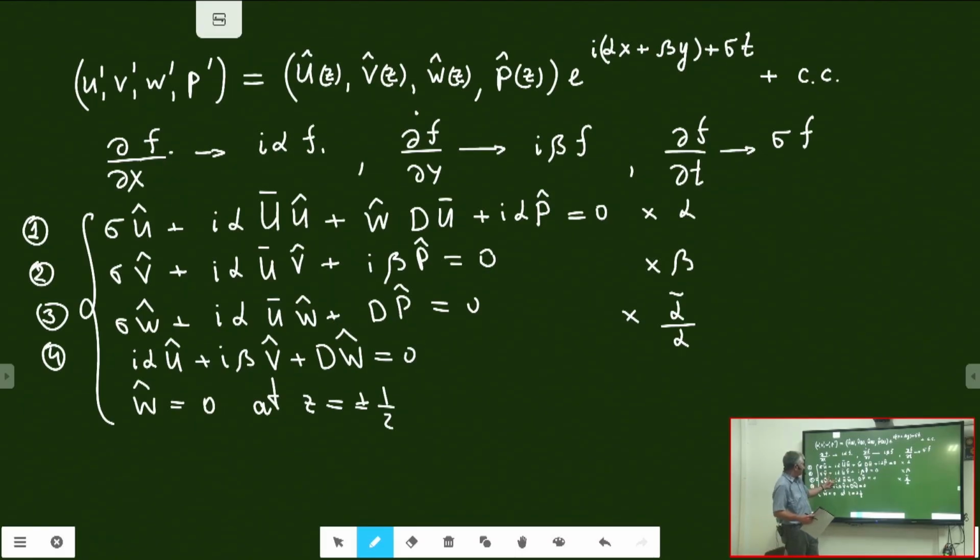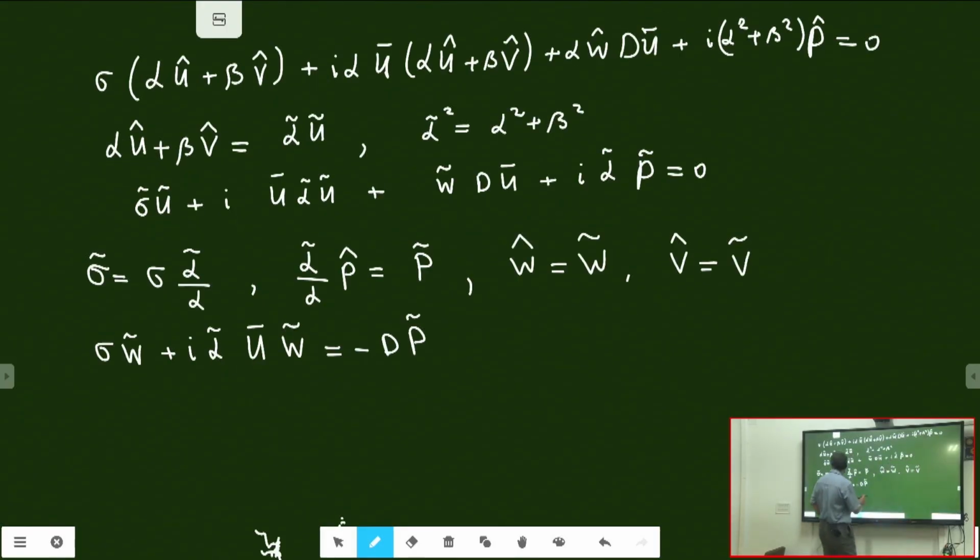Alpha will disappear and alpha tilde will appear here. I said that w hat and w tilde are the same, so I just changed the notation. And p hat multiplied by alpha tilde divided by alpha, we called p tilde. So everything is consistent. What I achieved here is that I wrote this equation in terms of tilde quantities as well.